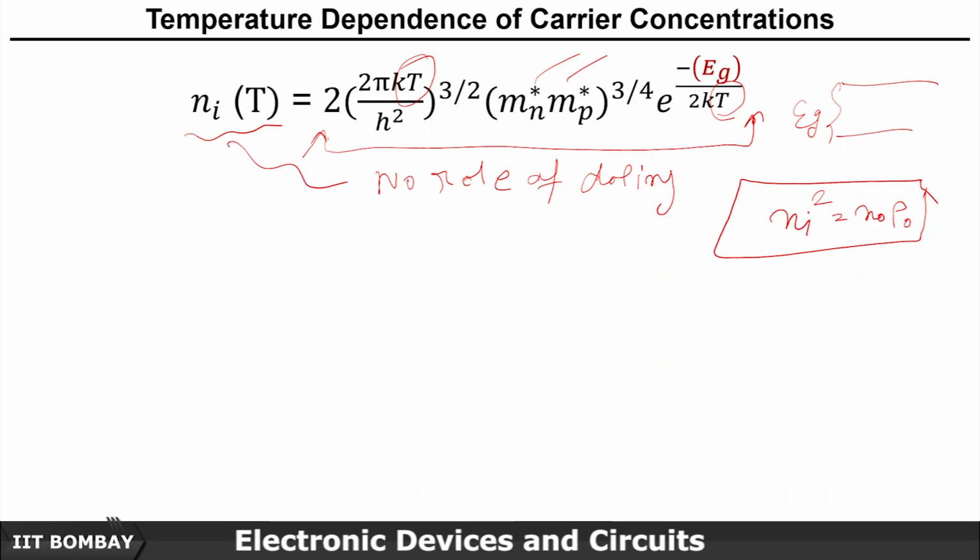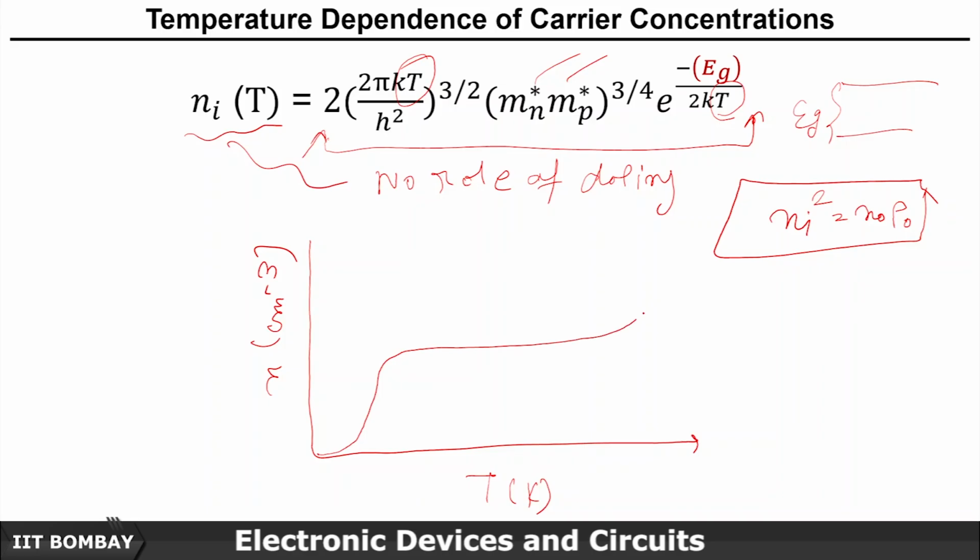If I draw a curve to see how this concentration will behave with respect to temperature, let's say this is my temperature and this is N in per centimeter cube. The curve is something like this. This might be a bit confusing, so let's discuss what is happening.